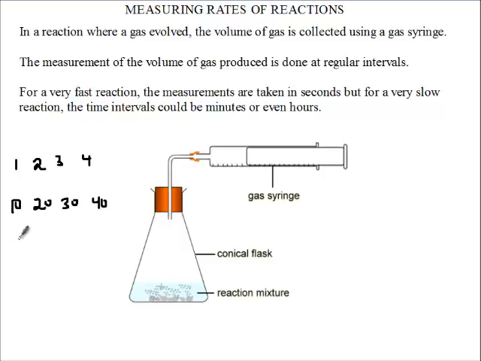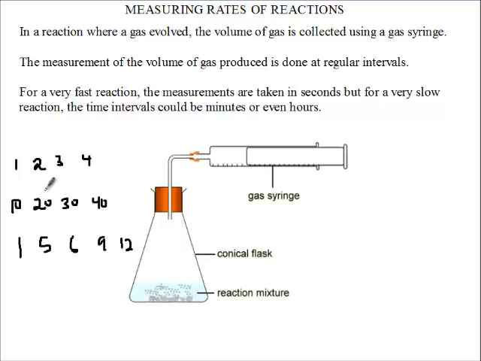But when we measure at 1, 5, 6, 9, 12, these are irregular intervals. So regular intervals have the same numbers or differences.